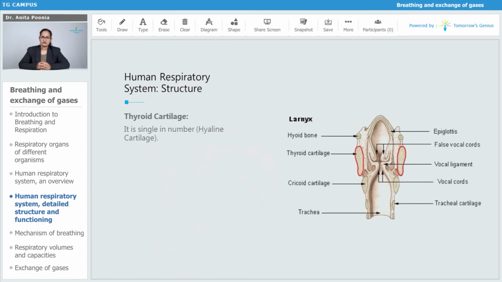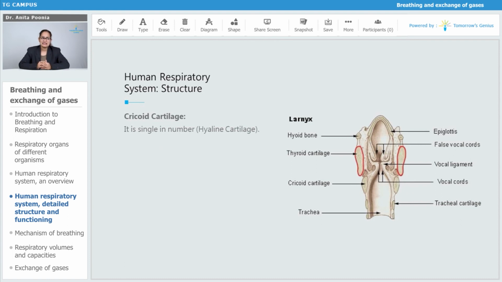Now talking about the thyroid cartilage, it is single in number. It is hyaline cartilage. The thyroid cartilage is the largest in size, and it is a C-shaped cartilage which supports the anterior and the lateral side of the upper part of the larynx.